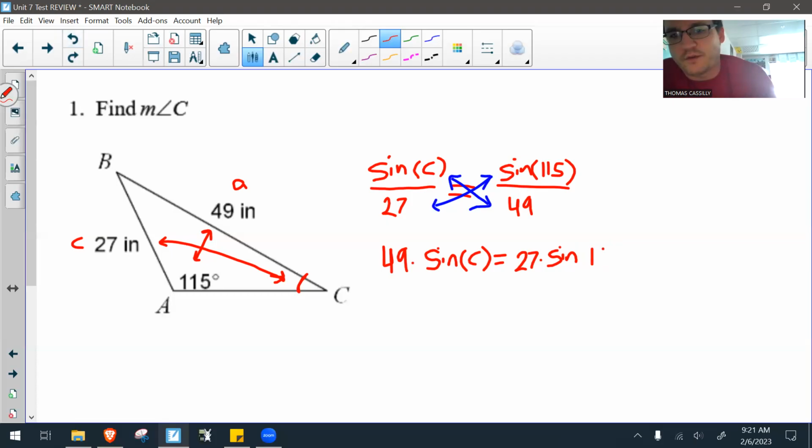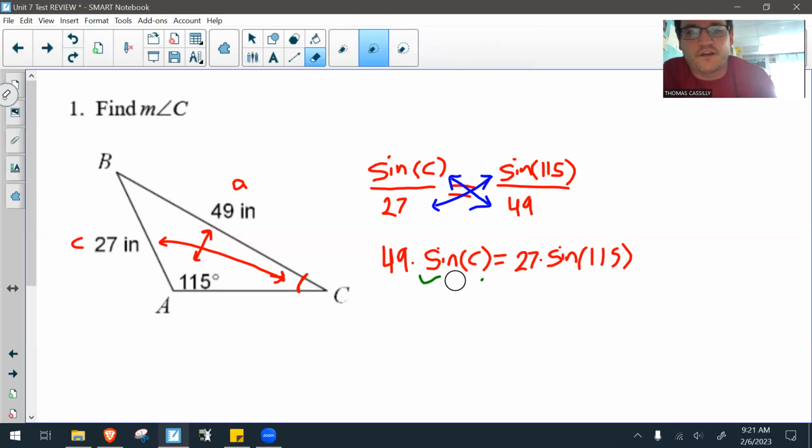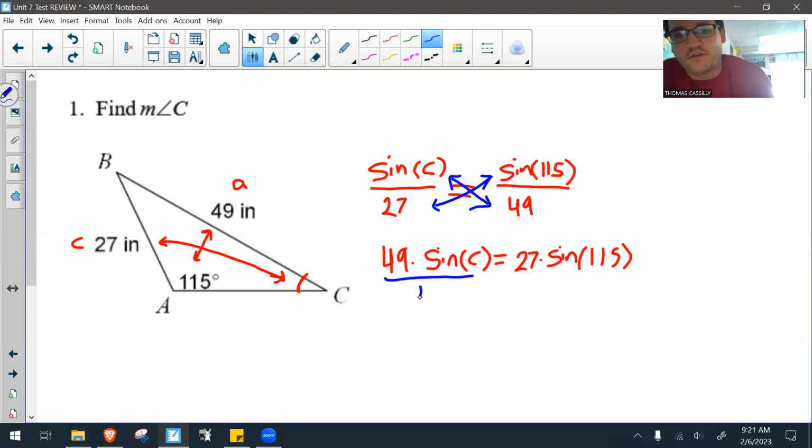So let's just kind of think about what we need to do. We are trying to solve for C. Now, before we can solve for C, we need to get the sine of C by itself. All right, so the only thing that's keeping the sine of C from being by itself is that 49. So what we can go ahead and do is just divide both sides by that 49.